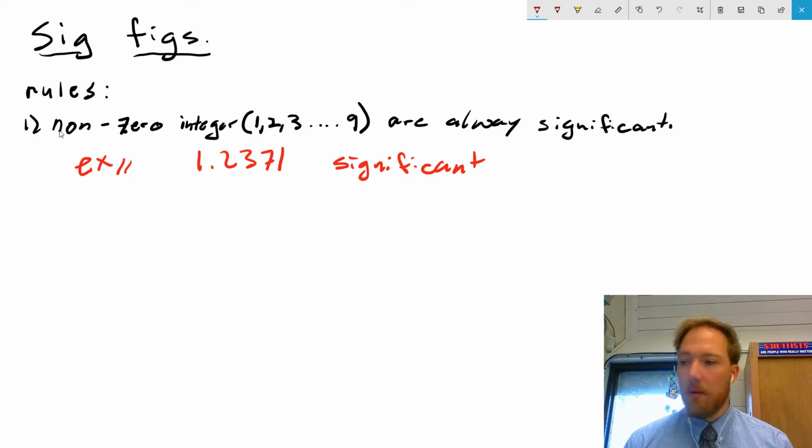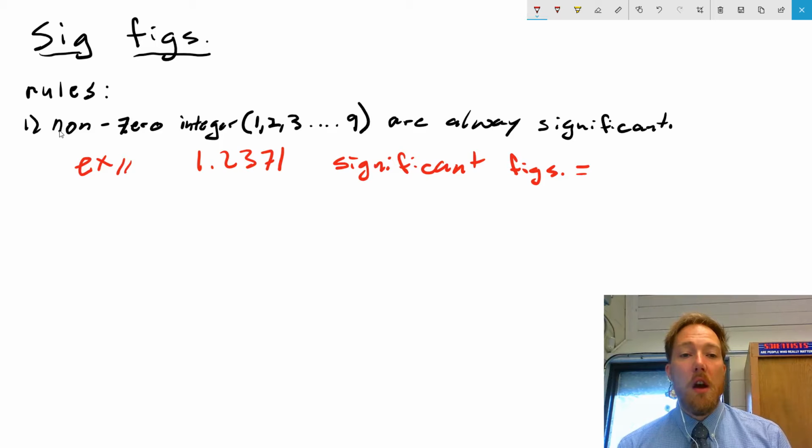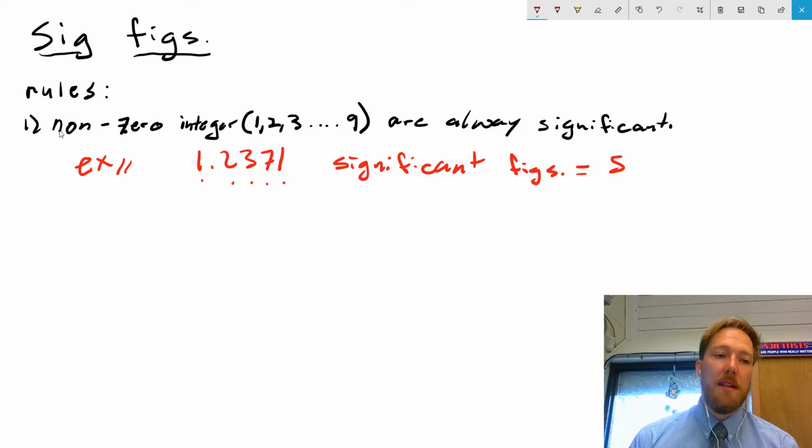They're not placeholder numbers, they're just really important numbers. The number of significant figures, sigfigs for short, because we're physicists and we like to shorten things up real nice, is 5 here, right? Because that's not a 0, that's not a 0, that's not a 0, that's not a 0, and that's not a 0, and there are 5 total numbers. So my sigfigs here is 5. This is as easy as it gets, rule number 1.